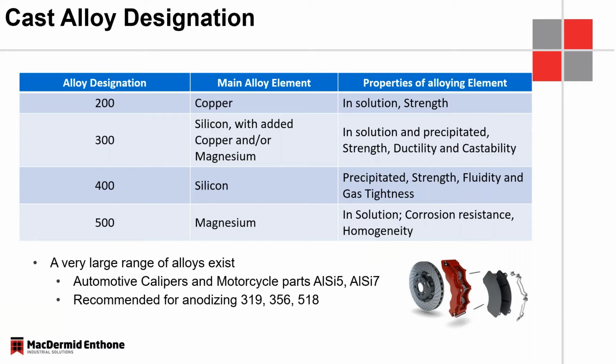The same applies to cast aluminum designations as well. So we look here at the 200 series, which is alloyed with copper for strength, 300 series silicon, copper, magnesium, 400 series silicon, and 500 series is alloyed with magnesium.